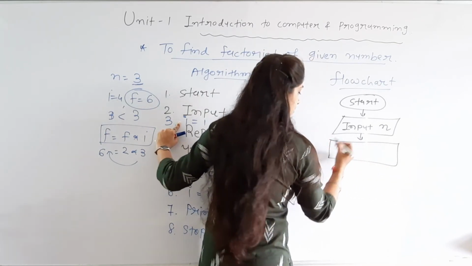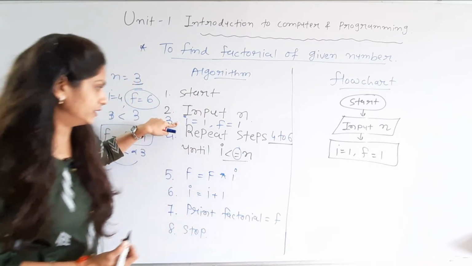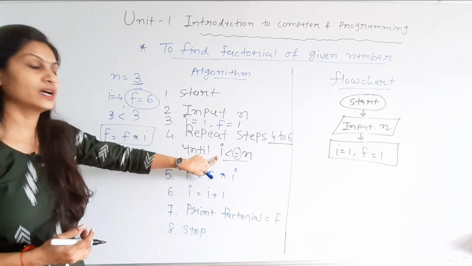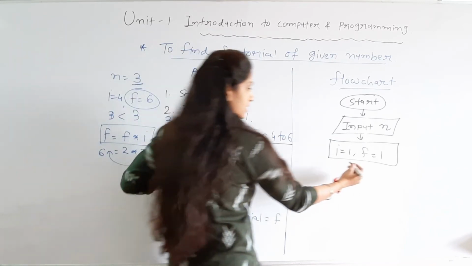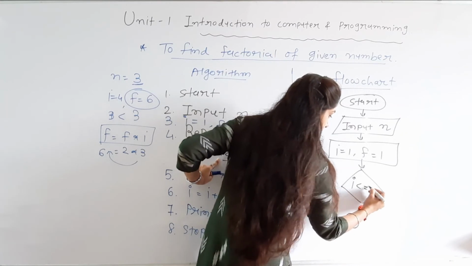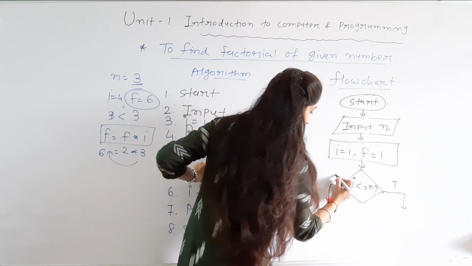I equals 1 and f equals again 1. 4, 5, 6, that we have to repeat for the condition. So condition is in a diamond shape, that is I less than equals n question mark, true and false.